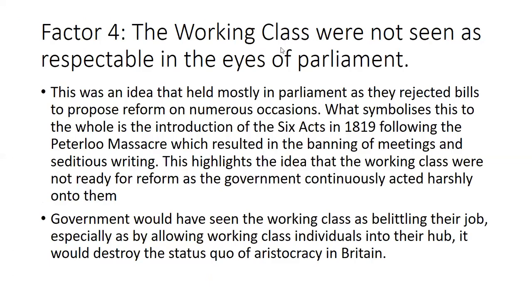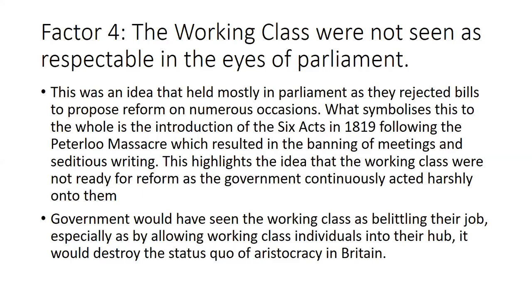Then the last factor, the working class were not seen as respectable in the eyes of Parliament. So the government didn't reform Parliament because the working class were not on the same level as them. This was the idea that was held mostly in Parliament, as they rejected bills to propose reform on numerous occasions. What symbolises the government's response against the working class is after the Peterloo Massacre, when the 6 Acts were introduced.